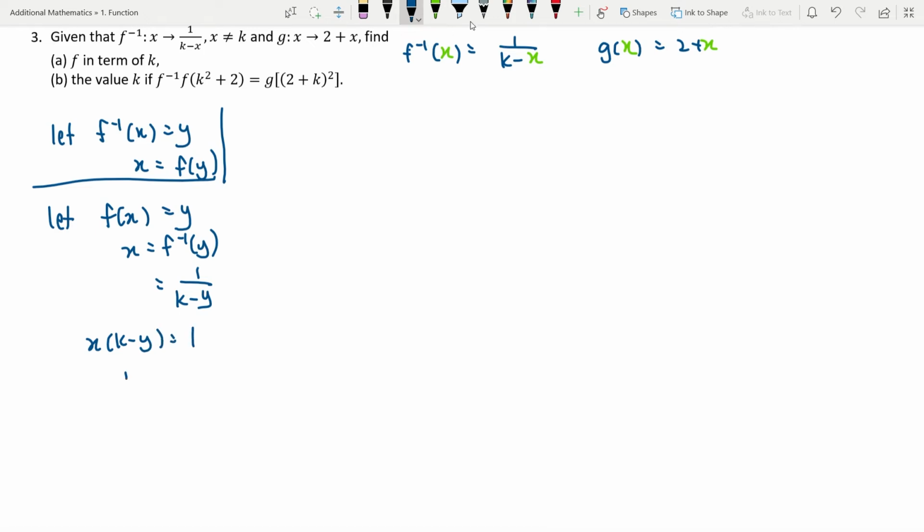Divide both sides with x. Then we separate out the y equal to k minus 1 over x. And therefore, we get our f(x) equal to k minus 1 over x. f of x equal to k minus 1 over x.